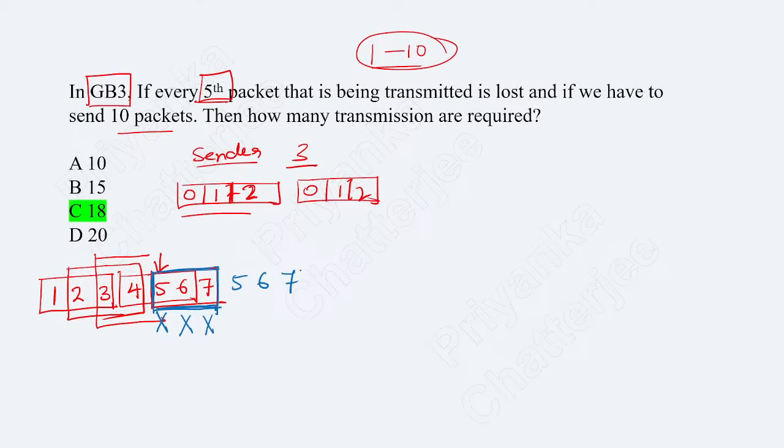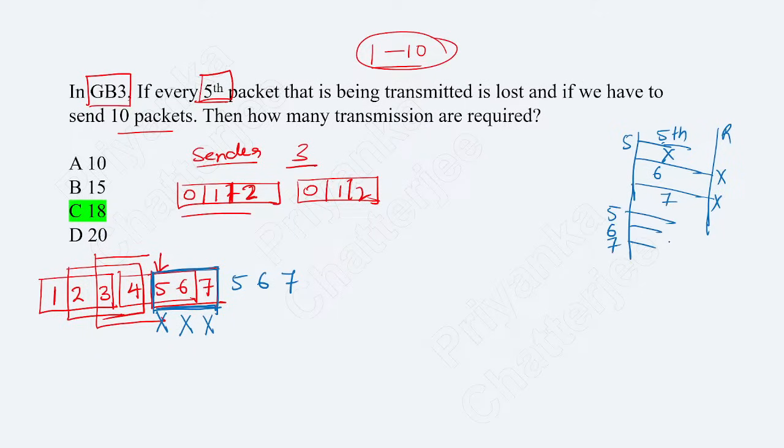That is the retransmission. Because when the sender sends the fifth packet, that was lost. After that the sender sends the 6th one and 7th one. Although they are sent, the receiver is going to reject them. And that's why the sender has to send 5, 6 and 7 again. That is the problem here.